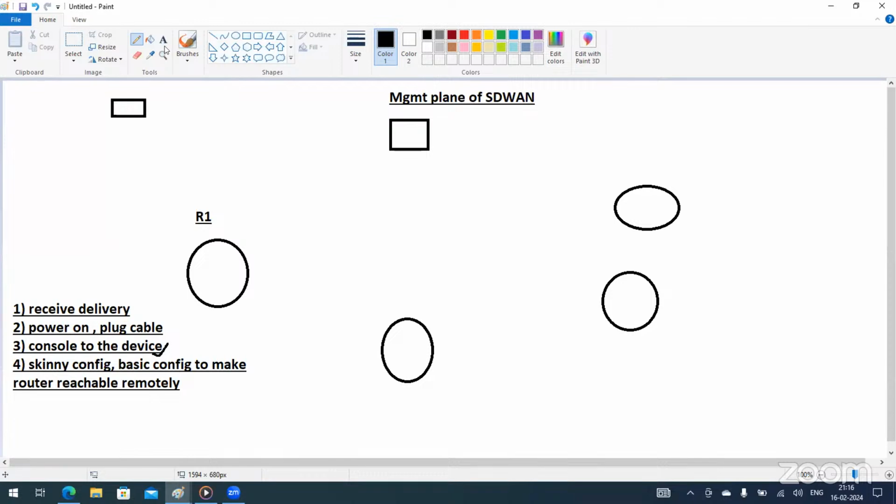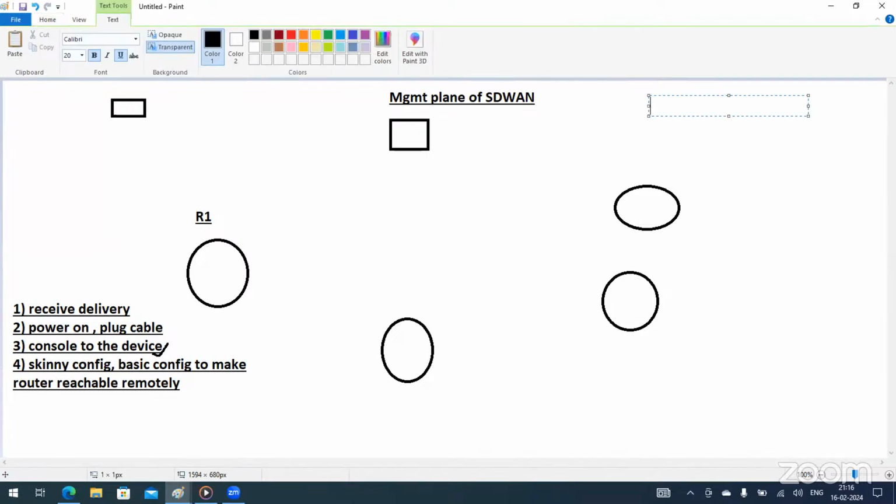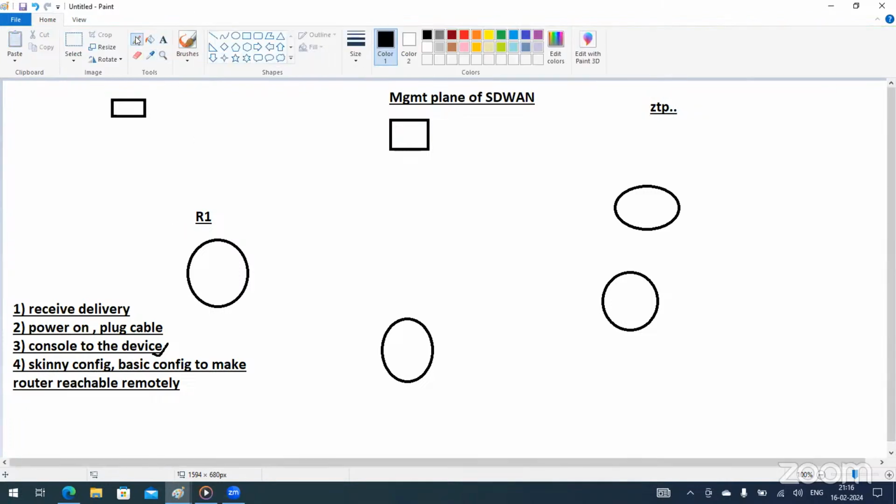Now, with SD-WAN, there is one cool feature, ZTP, zero touch provisioning. There we need not console to the device. We simply need to connect the router. We receive the router on site, we power on and plug the WAN cable. This step is not needed.